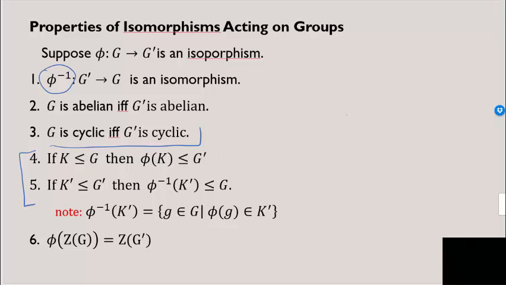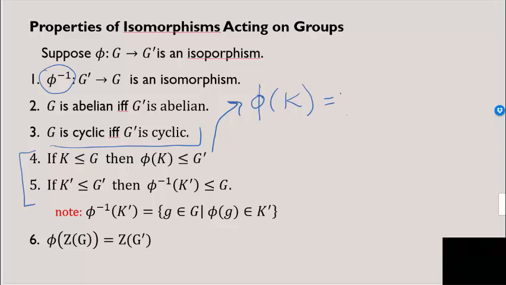Number 4 says that if K is a subgroup of G, then phi of K is a subgroup of G prime. So we need to know, what does phi of K mean? K is not an element of G, it's a subgroup of G, so we have to define this.